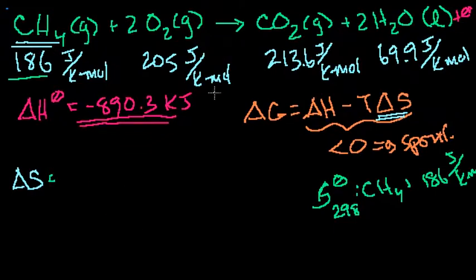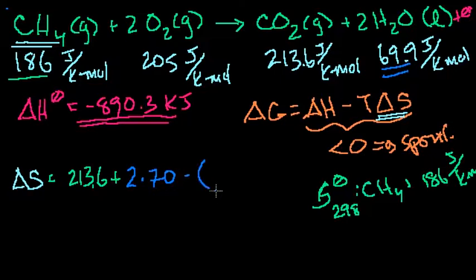So that's going to be equal to 213.6 plus, I have 2 moles of water here, so plus 2 times 69.9, almost 70, plus 2 times 70, and then I want to subtract out the entropy of the reactants. So the entropy of 1 mole of CH4 is 186 plus 2 times 205.